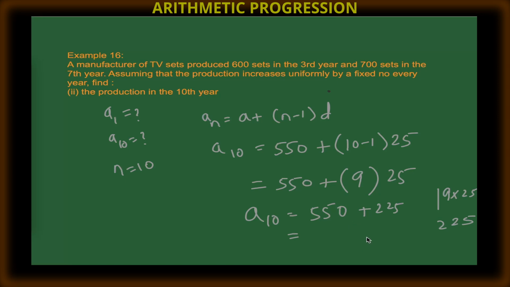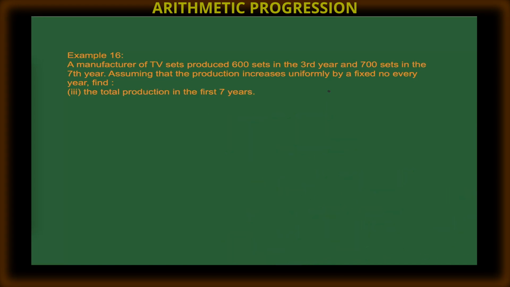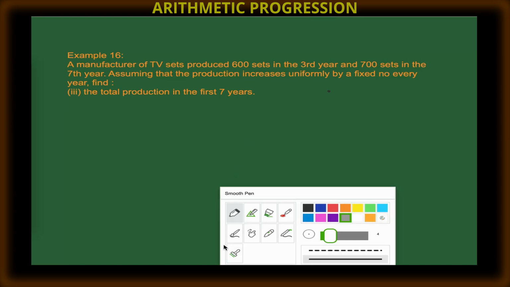Adding this, it becomes 775. A10 is equal to 775. This is the answer for the production in the 10th year. Okay students, now let's move to the next question, which is the final and last question in these examples.